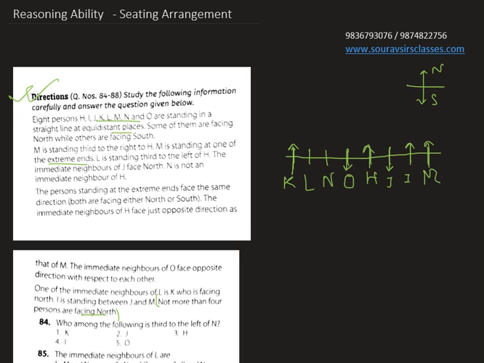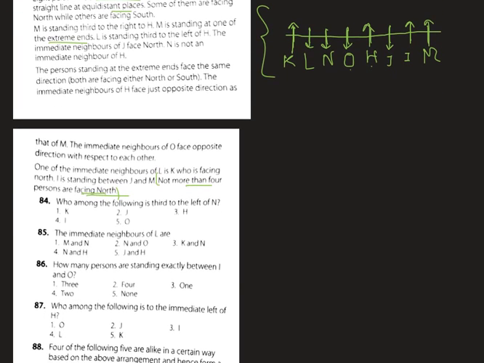Therefore O and H are facing opposite directions, and we already have 4 north-facing persons. Therefore L and N are facing south. So this is the required seating arrangement. Now let's start with the first question.